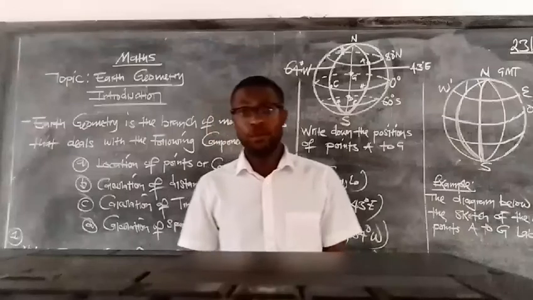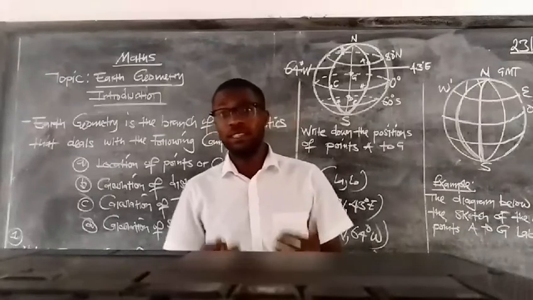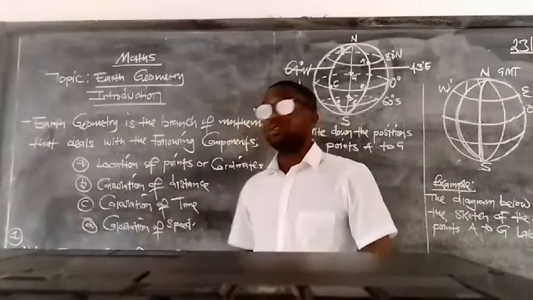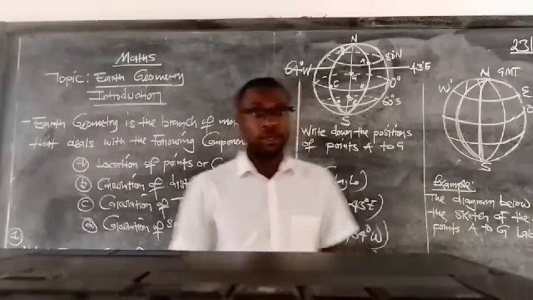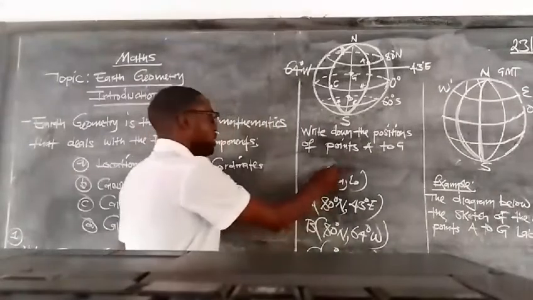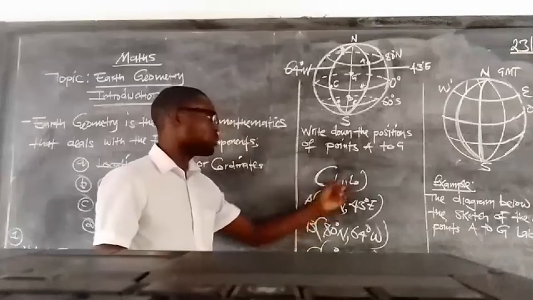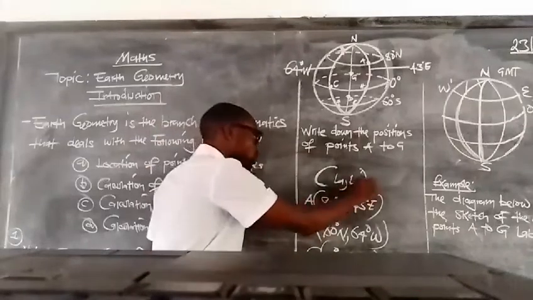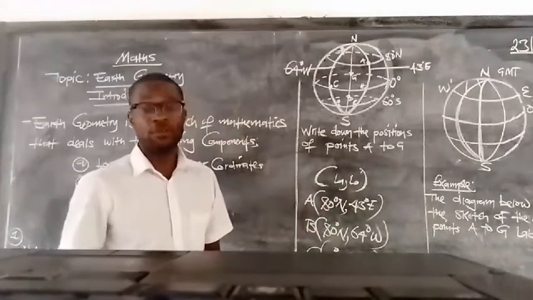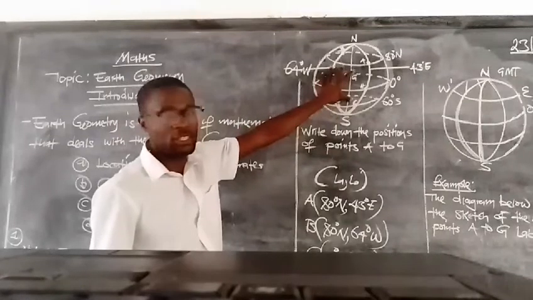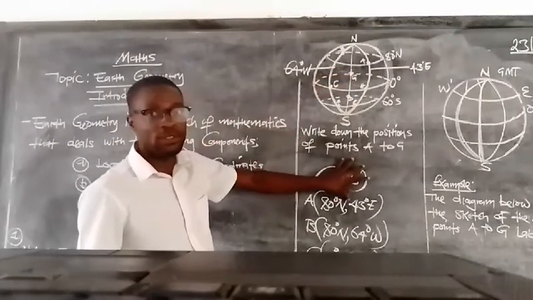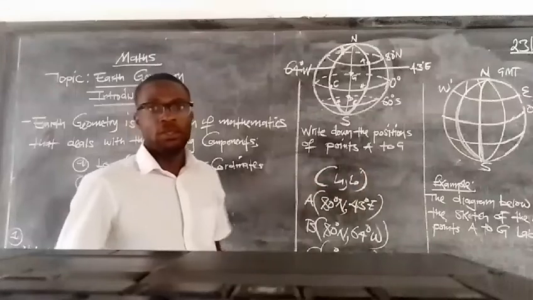And also I've given you the formula to use in case you are told to locate a place, points, or coordinates. What formula should you use? This is the simple formula. Open bracket, latitude, comma, longitude, then you close your bracket. That is the simple formula that you use. Identify the points on the sketch, then locate them using that formula.